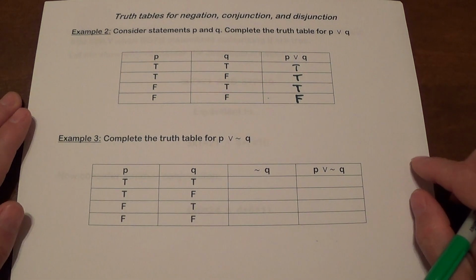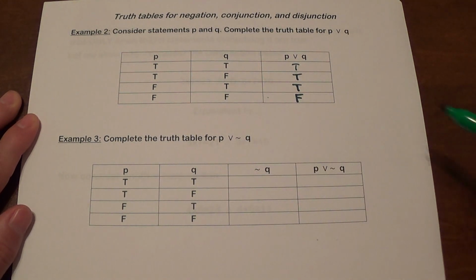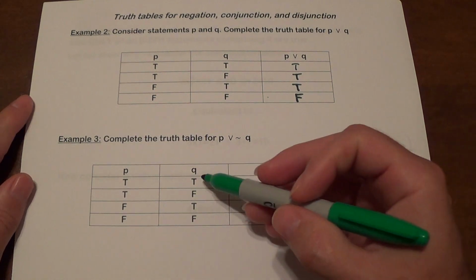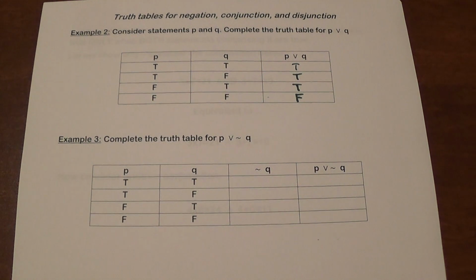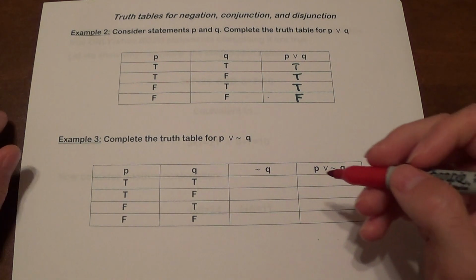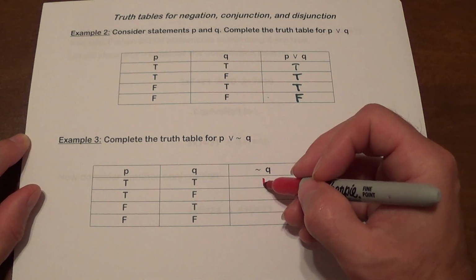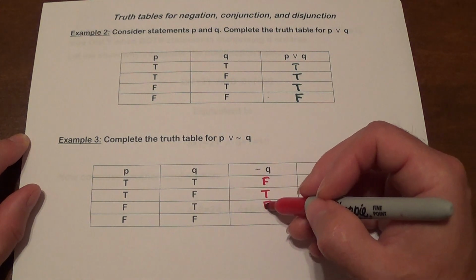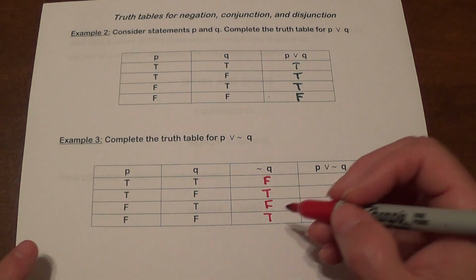Okay, now we're going to do the truth table for P or not Q. When you have that, you are going to have P and Q. You need to have another column for not Q. So not Q, that's going to be false, false is going to be true, true is going to be false, and false is going to be true. Right?